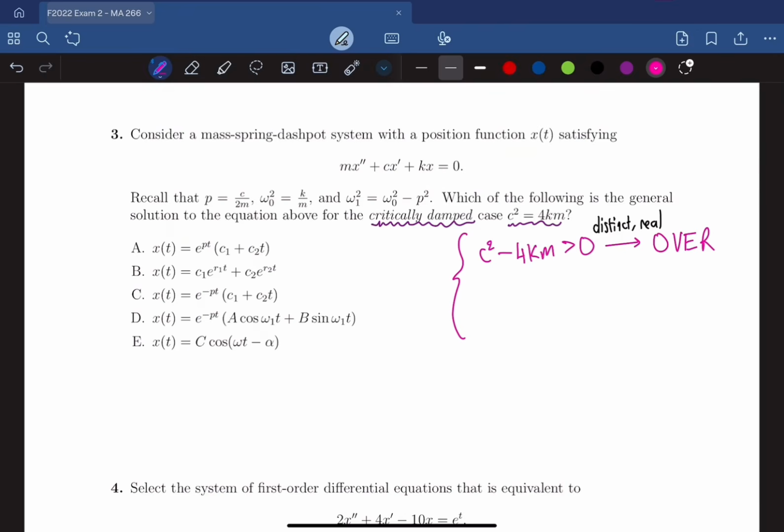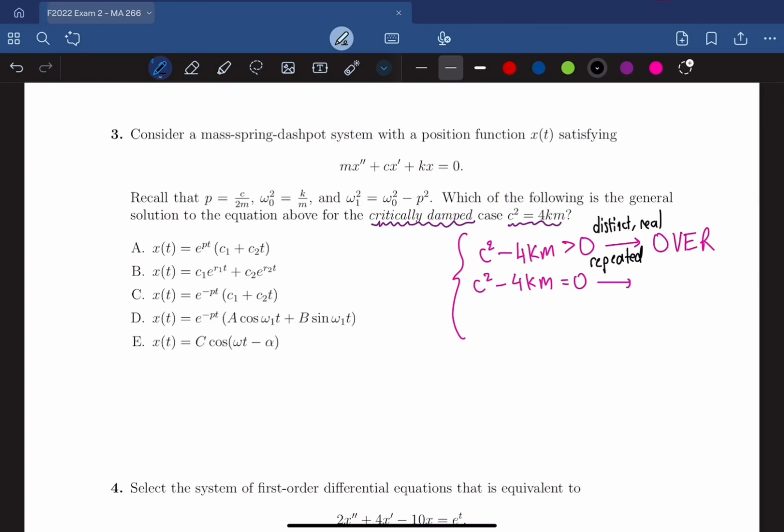This is kind of just something you should memorize, but if you think about it, it does make sense once you understand it. So c squared minus 4km, whatever's inside that square root in the quadratic formula when you're solving the characteristic equation, if that ever equals 0, then if you think about how the quadratic formula will break down if that whole radical becomes 0, then what you're going to get is a repeated root, right?